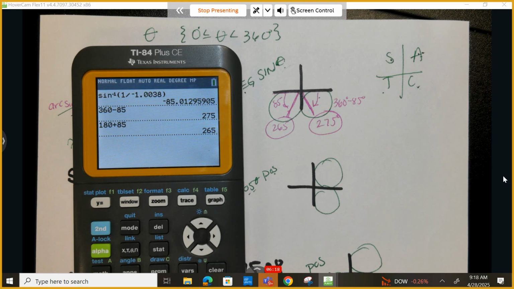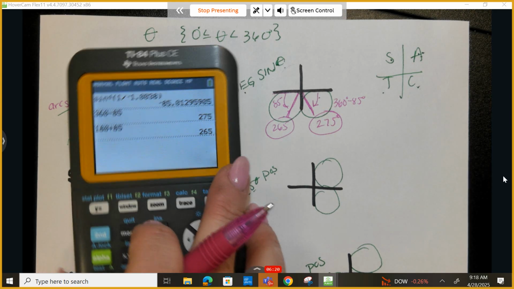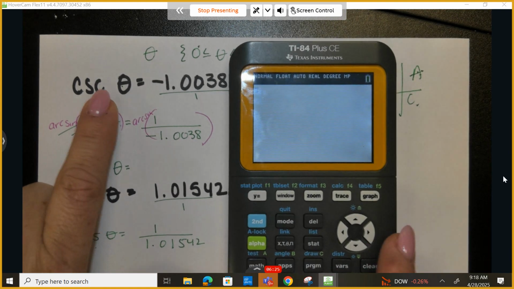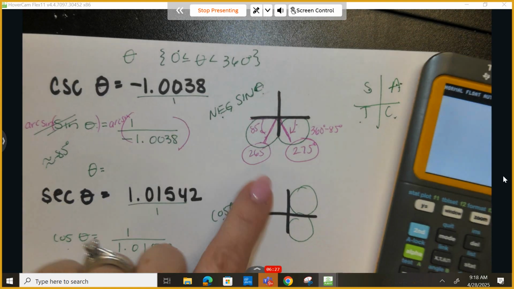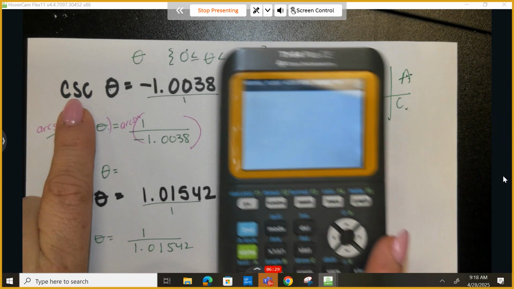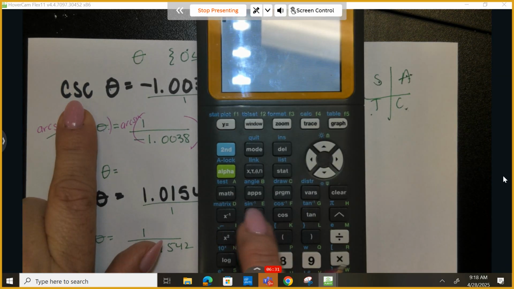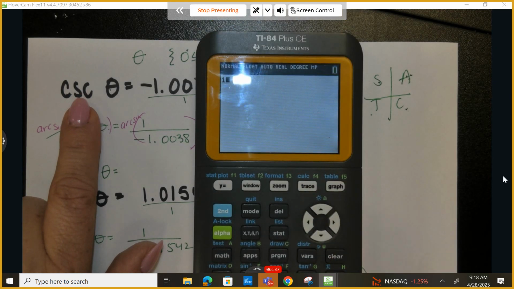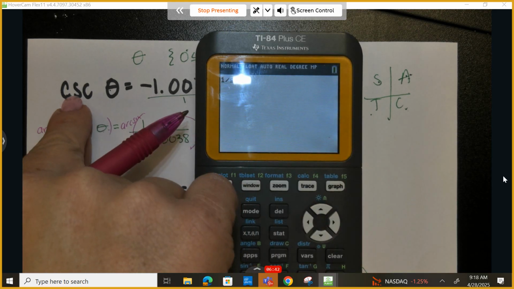But how do I know if that's correct? So I come back to this measurement, and this is what I'm going to plug in. I want to plug in the angle 265 and 275. Now, notice that there is no cosecant, secant, or cotangent. So how do I use sine to get a cosecant? We're going to go 1 divided by sine, because 1 divided by sine is the same as cosecant.